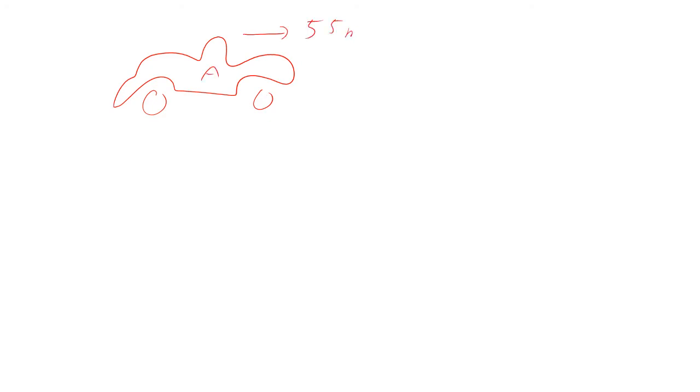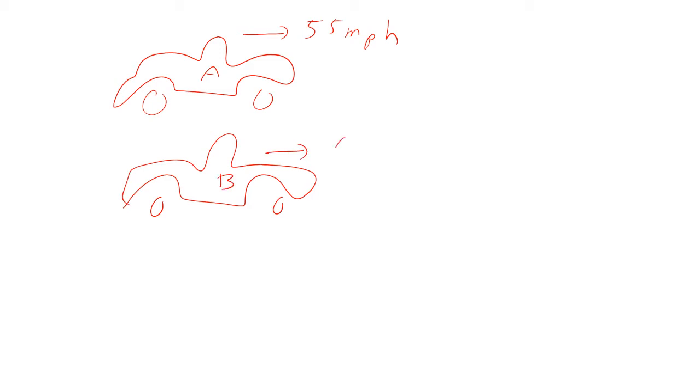Another example would be on the highway. You have a car here, and we'll call it car A, driving at 55 miles per hour. We have another car driving in the same direction, car B, at 65 miles per hour.